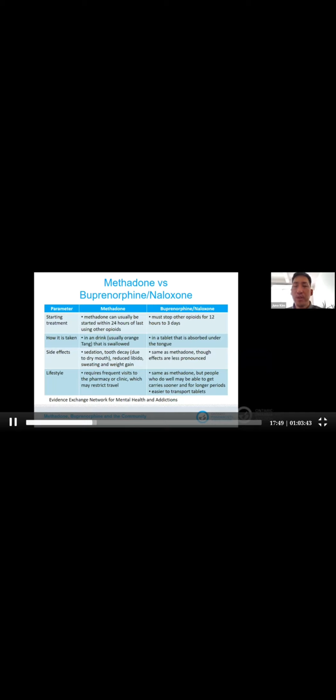So they can be at a stable dose within 1 or 2 days. Versus with methadone, we know that we have to start at a lower dose, so up to maximum 30 milligrams, and we can only increase doses at specific amounts and time frames, which again makes it a little bit more difficult for patients on methadone to get up to a stable dose quickly.